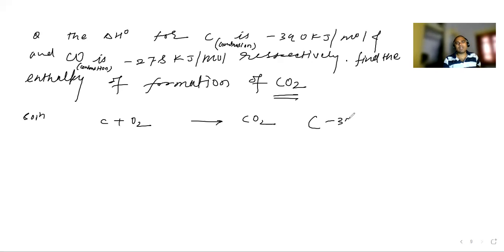For this, the value 390 they have given. Okay, and then CO plus half O2, so again they are going to give CO2, and here they have given the value 278. But they are asking for the enthalpy of formation of CO2, right?